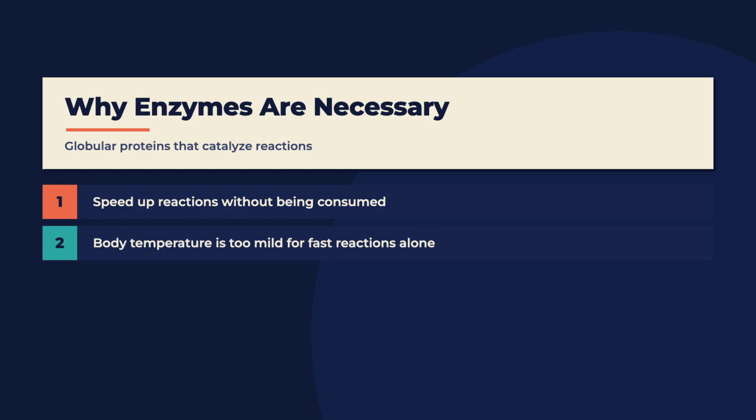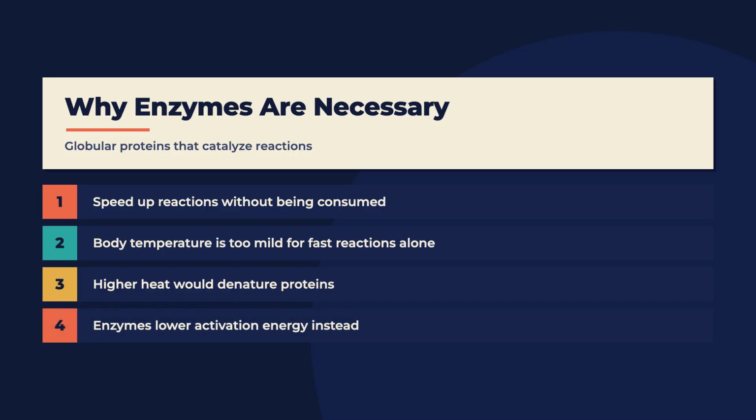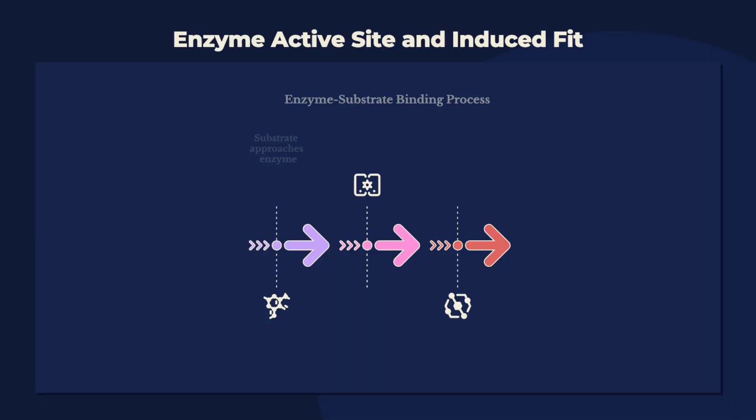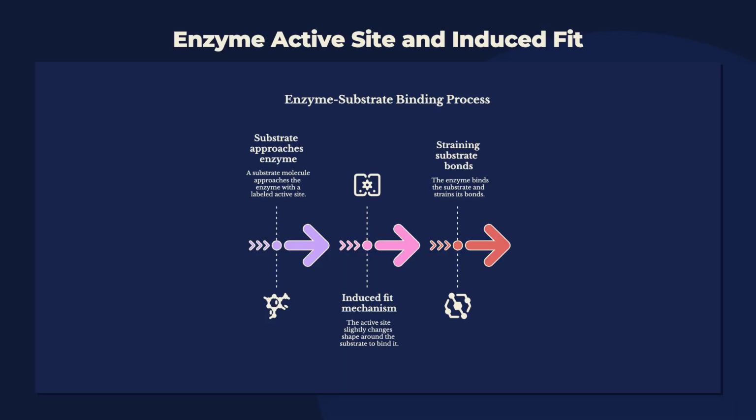They're essential because 37 degrees Celsius is too mild for most metabolic reactions to run fast enough, and heating the body to compensate would denature its proteins. Instead, enzymes lower the activation energy, the barrier a reaction must cross to begin. The enzyme binds its substrate at a pocket called the active site, holding it in the right orientation and straining its bonds. The classic lock and key image is slightly wrong.